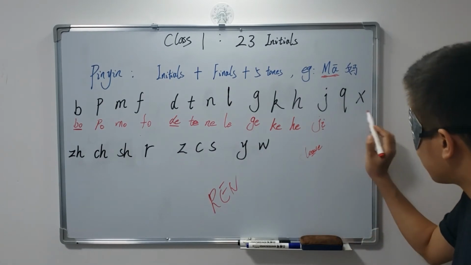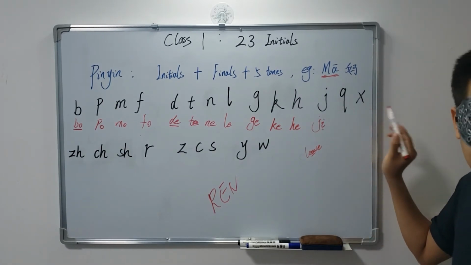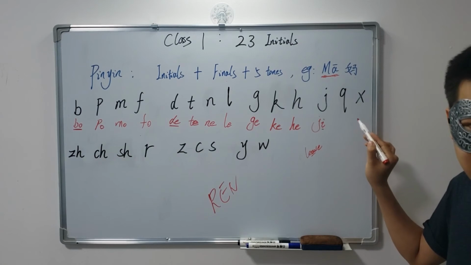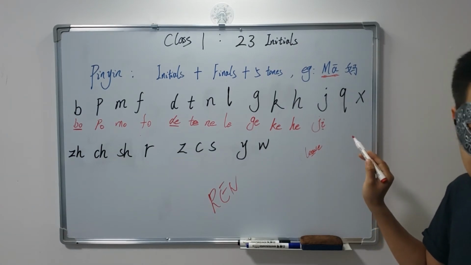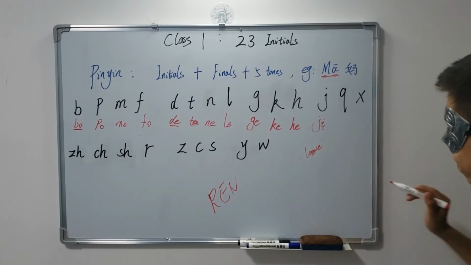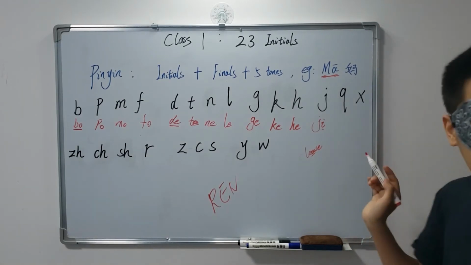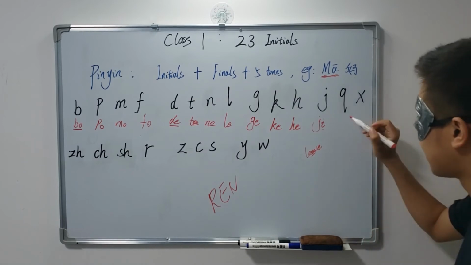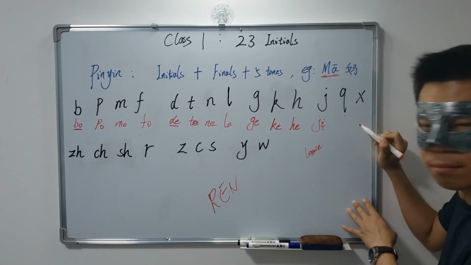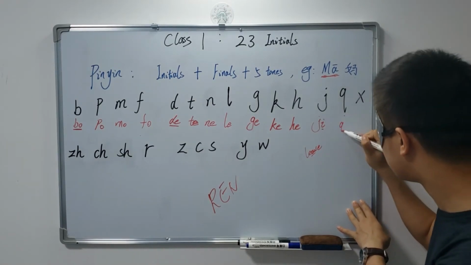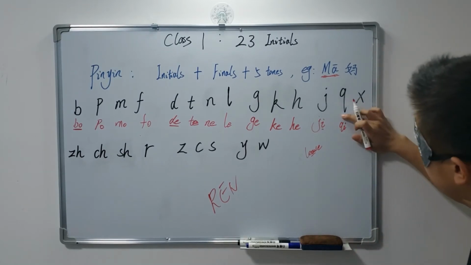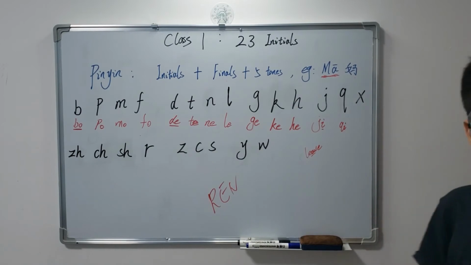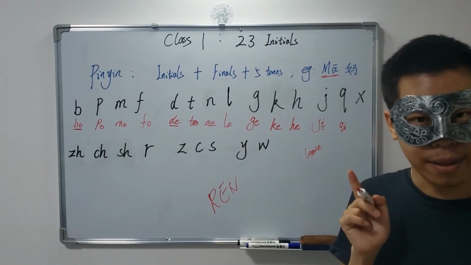So the following two, I cannot find the similar pronunciation in English. It also doesn't have a similar pronunciation in Spanish. So listen carefully. This one is qi. You know Chinese number 7.